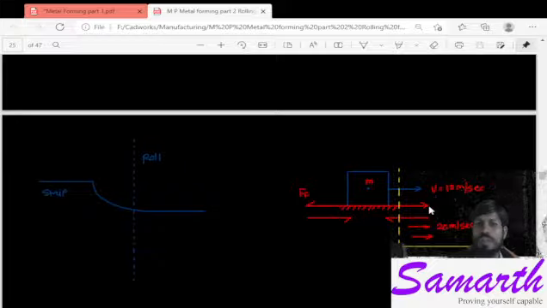For simplicity, I will give one more example. Let us say this block is stationary and only the surface is moving in this direction with 20 meter per second. Again you will get the same direction of friction forces: on the surface it will be in this direction, whereas on the block it will be in this direction.